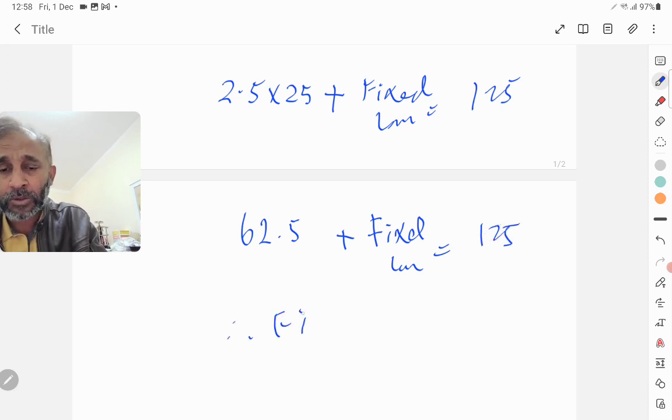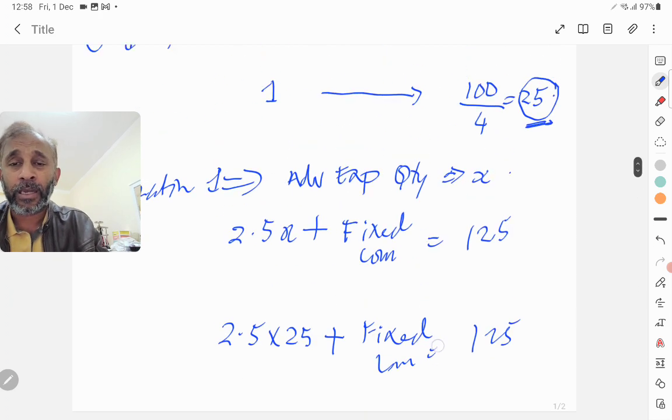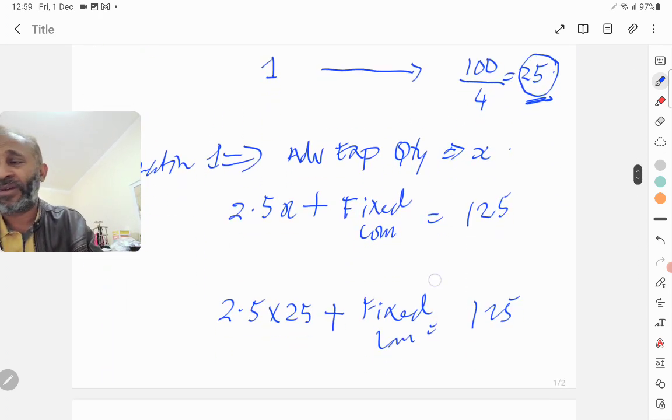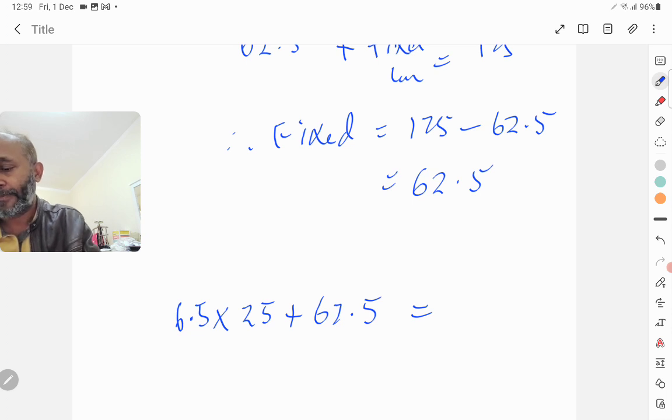Therefore, my fixed component will be 125 minus 62.5, which is 62.5. Now we can reconfirm this with the 6.5 scenario. So for 6.5 into 25 plus 62.5, let's see how much we are getting. I am ending up with 225.